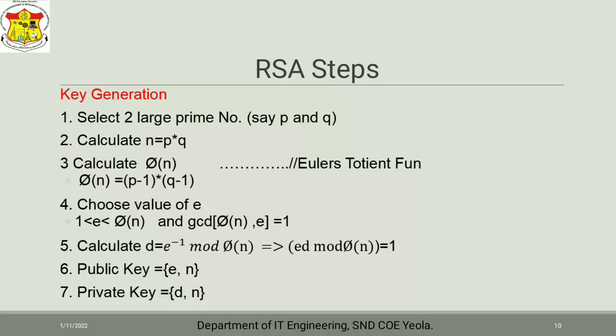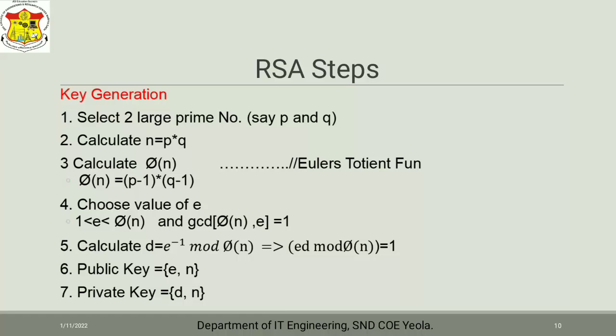Firstly, you select two prime numbers, say 3 and 13, which will be named P and Q, or initialized to 3 and 13.